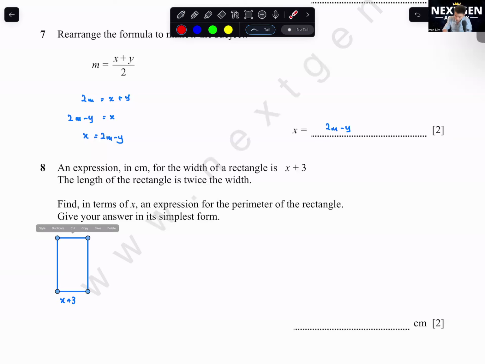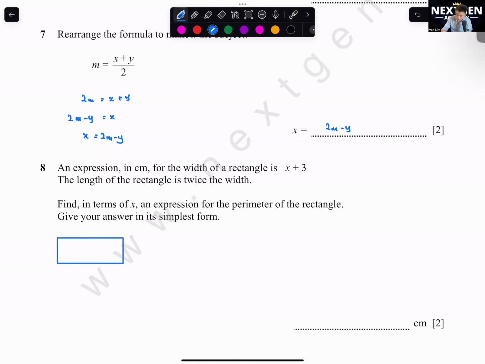Actually, sorry, it should be the other way around. Normally, length we will put over here. Sorry, width is x plus 3. Why do I keep reading it wrongly? Okay, width is x plus 3. Length is twice the width.